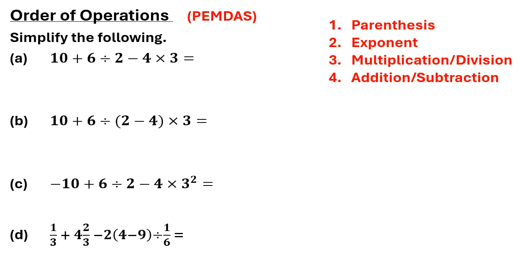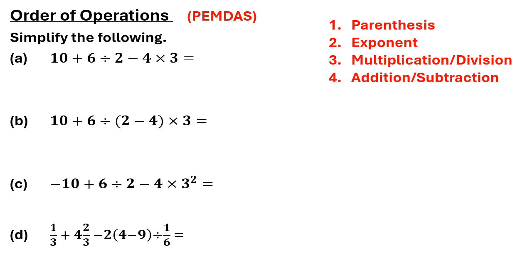All right, I would like to point out that multiplication and division would have to be done simultaneously. We have to do them at the same time. And addition and subtraction will also be done at the same time, meaning that if we have any problem that has parentheses, we'll begin with solving the part that has the parentheses. And then if we have exponents, we'll do the same.